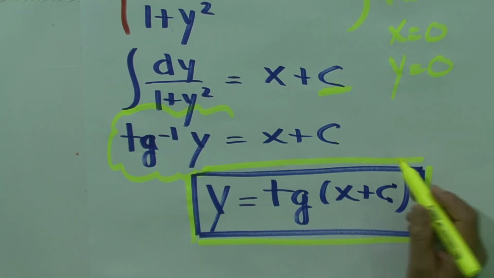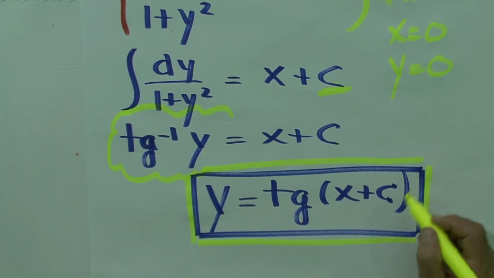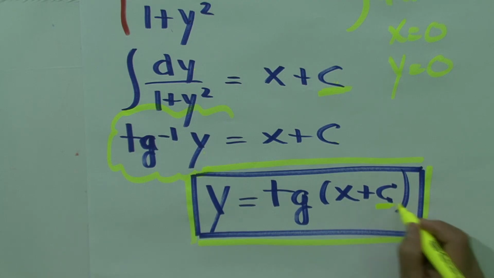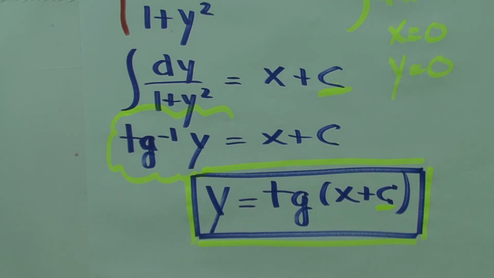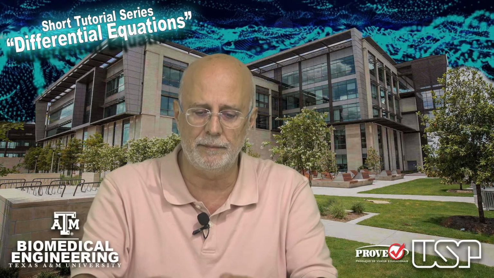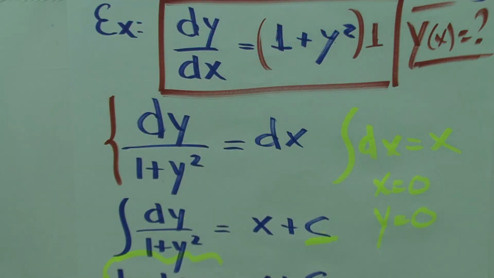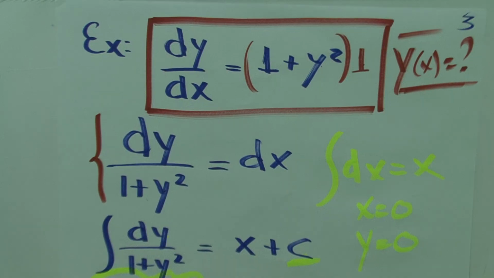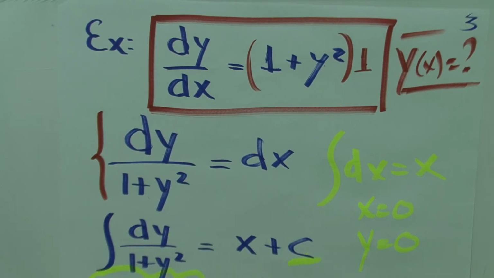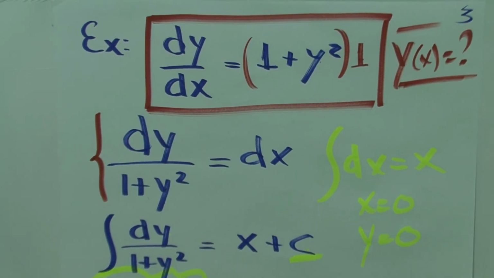But you see that the constant will depend on the initial conditions. That's another example of solving a first order ordinary differential equation using what we call the separable variable approach.